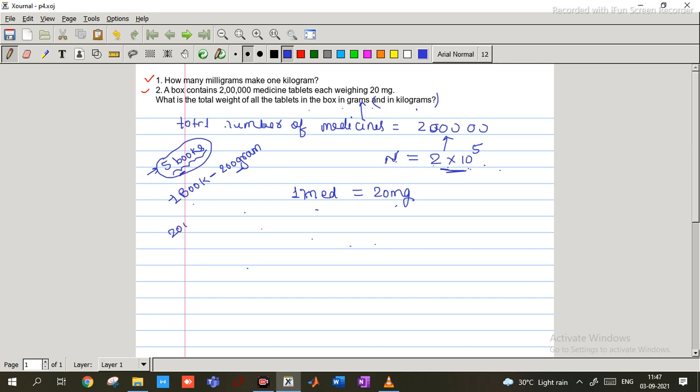That means one book 200 gram, then another book 200 gram, then another book 200 gram, then another 200 gram, then another 200 gram, isn't it? When you add it, you will get 1000 grams. You can add like this.